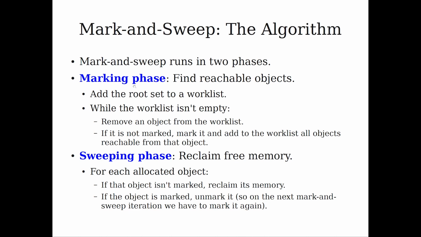So how does marking phase work? Initially, you add every element in the root set to the work list. These are the things which are guaranteed to be reachable. Then you process one element at a time from the work list. You remove it. If it is not marked already, you mark it and add to work list all the objects that are reachable from this current object.